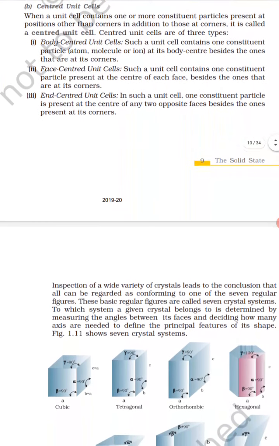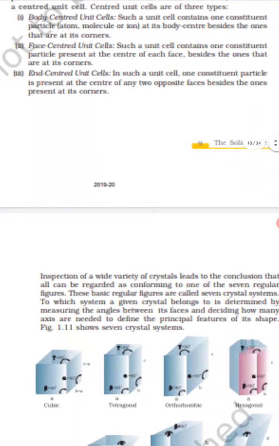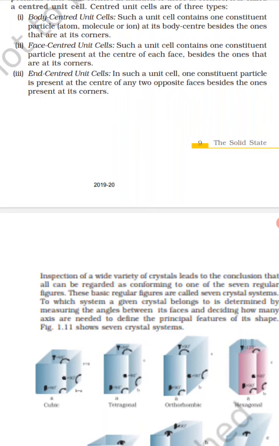Now, the centered unit cells are of three types. First, body centered unit cells, also known as BCC in short. In BCC type of cell, the constituent particles are present at its body center along with the particles at its corners.